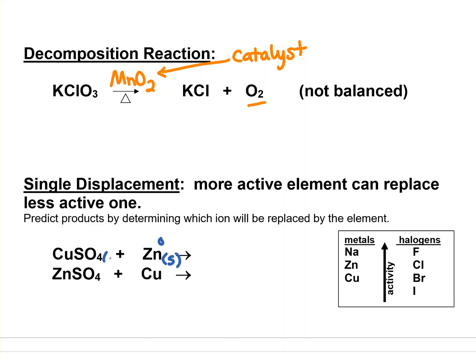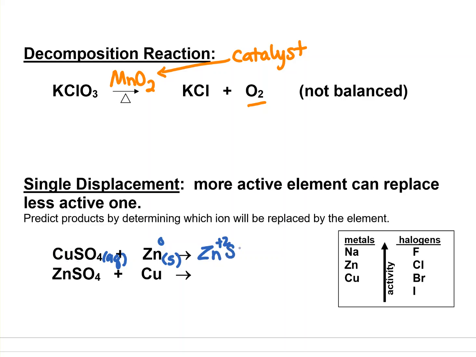And you'll see this is a solution. So to start predicting the products, what I do is I see the element, what type of ion does that form? And zinc forms a +2 ion. That's its common ion. And so then I can look at this compound, the ionic compound, and I know which ion it's going to replace. It's going to replace the positive one.